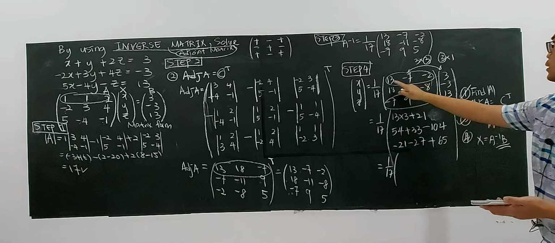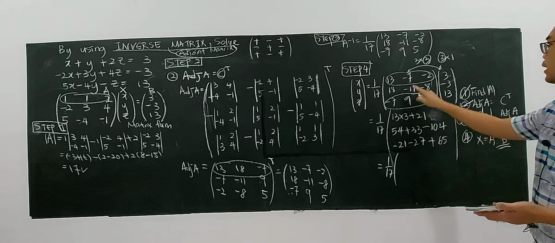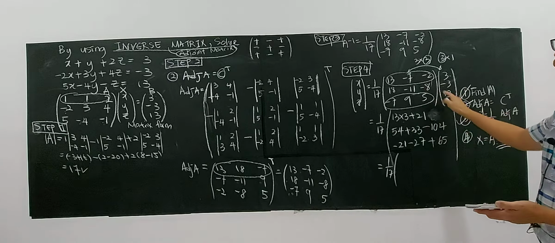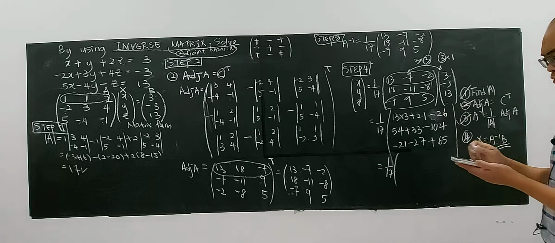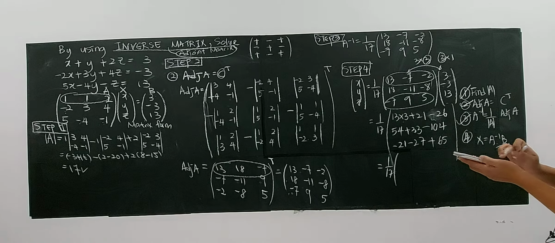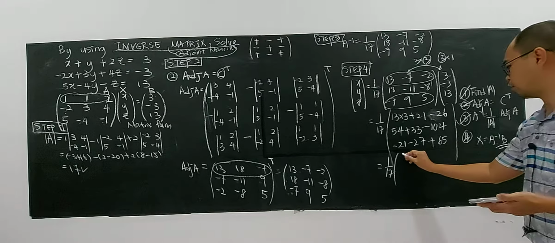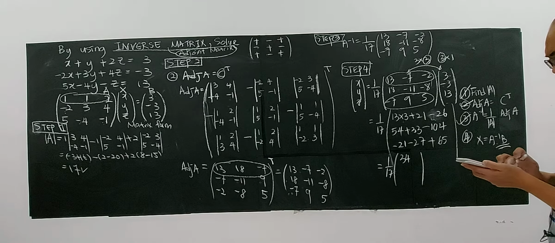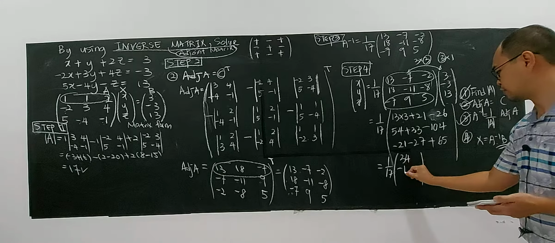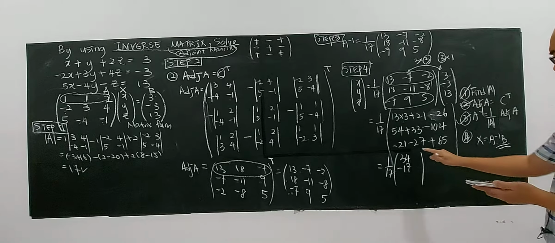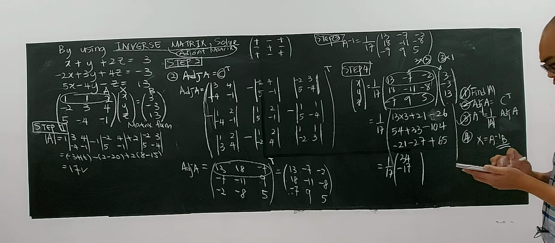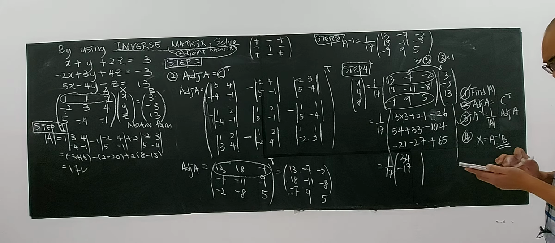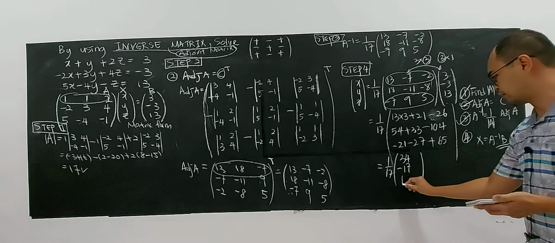I calculated wrongly. 13 times 3, you have 39, plus 21, minus 26, you have 34. Okay, 34 for the first row. Then 54 plus 33 minus 104, you have negative 17. And lastly, negative 21, negative 27, plus 65, you have 17.